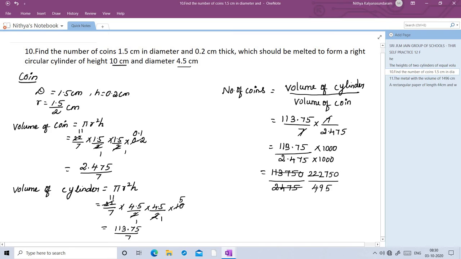Again we can cancel in 5 table, 4 5s are 20, balance is 2, 5 5s are 25, 9 5s are 45. So 99 table we can cancel, 1s are 1, 450s are 450. So number of coins is equal to 450.